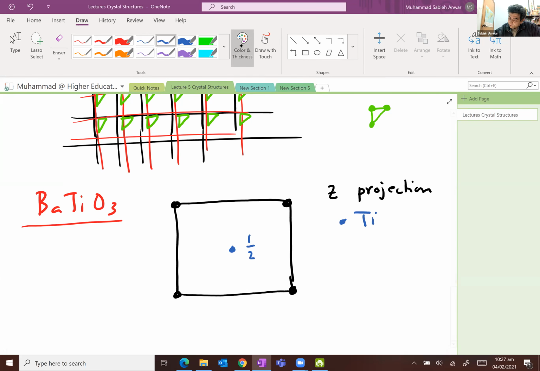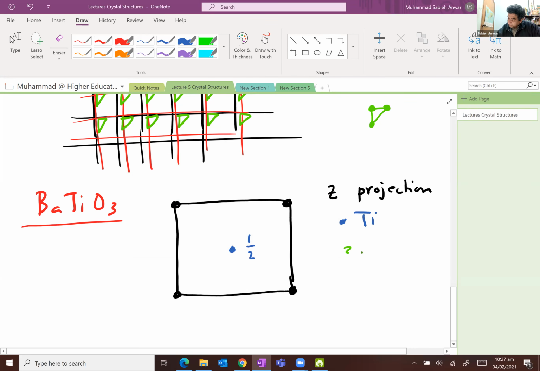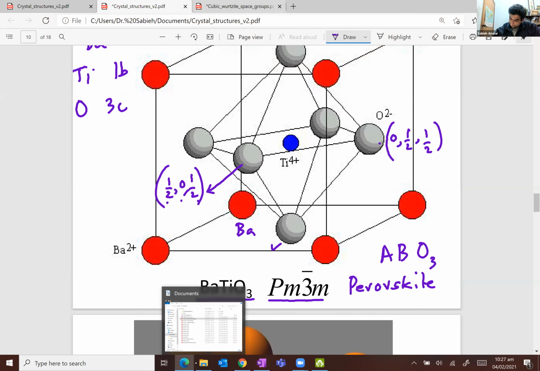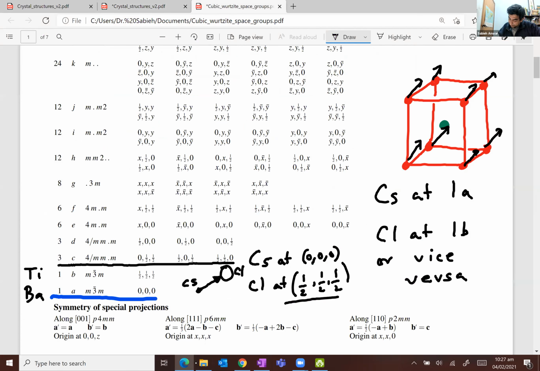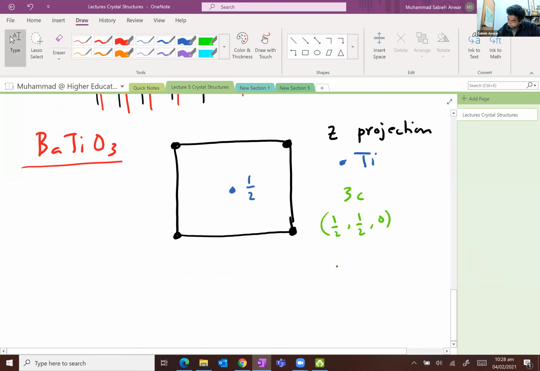Okay, so this represents titanium. And then I need 3 oxygen atoms. And the oxygen atoms are at location 3C. Let me go back and see where the 3C is: half half 0, half 0 half, and 0 half half.